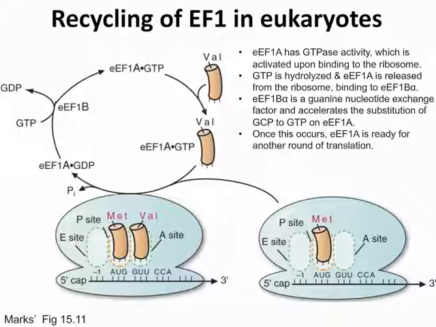So you're going to get EEF1A and GDP, and that in turn is going to bind to EEF1B, which is a guanine nucleotide exchange factor. So it's going to take the GDP that our EEF1A has and exchange it for GTP. So now you have EEF1A and GTP all over again, so that you can continually bind to amino acids so that this cycle can continue.